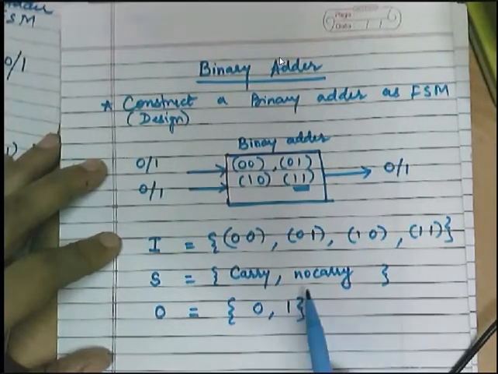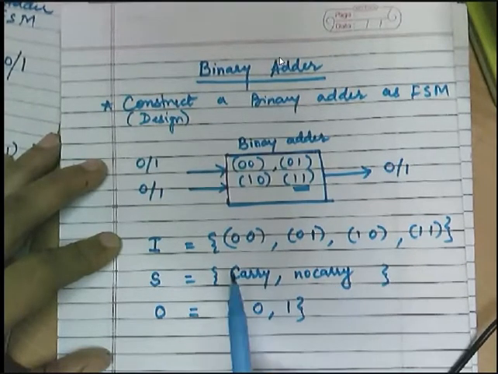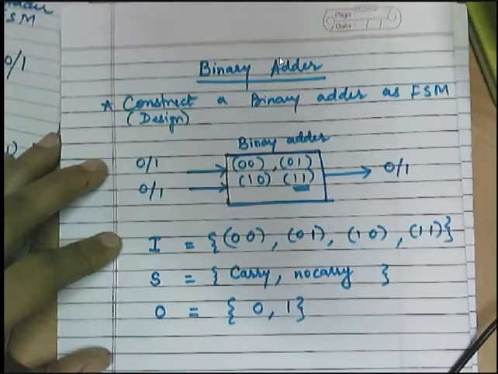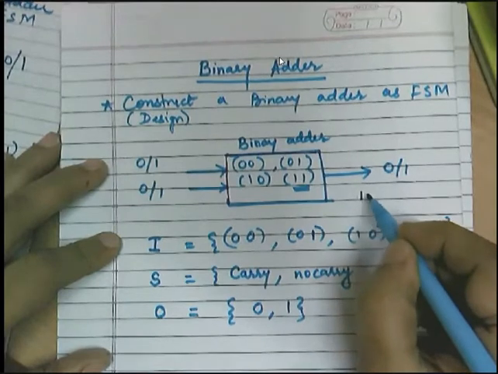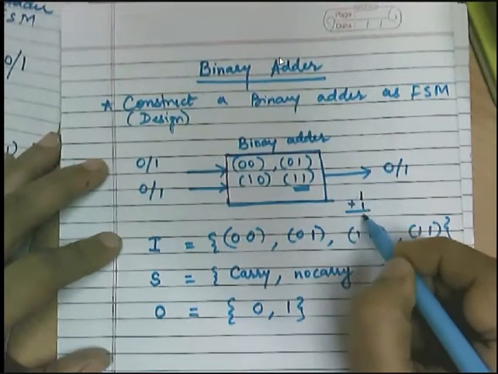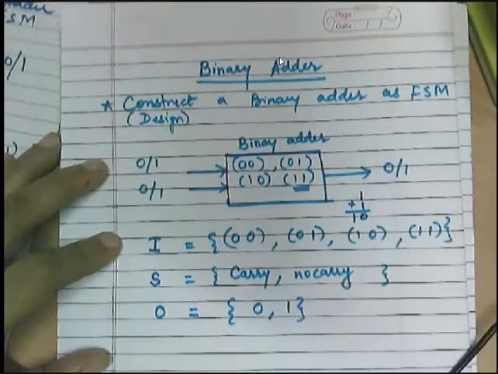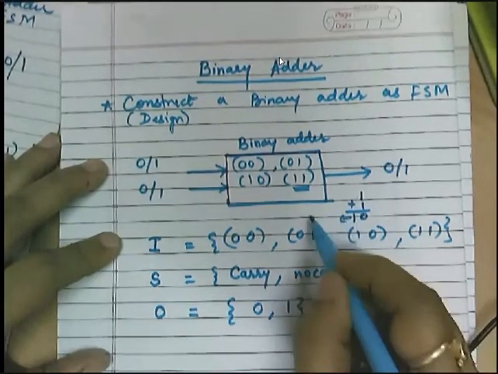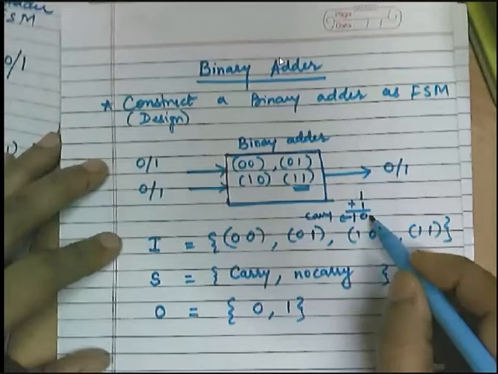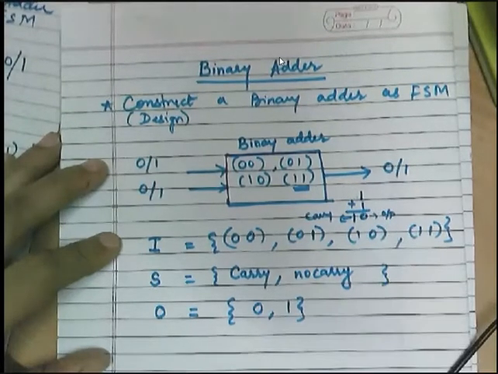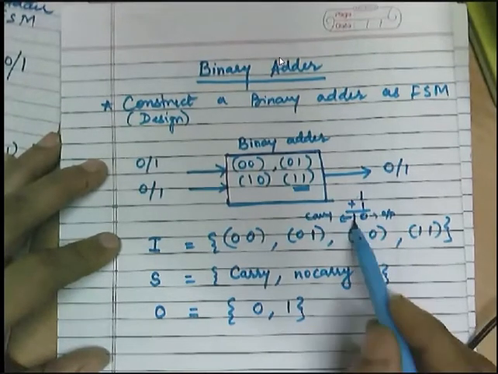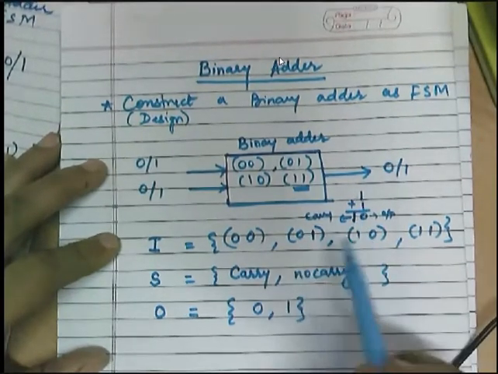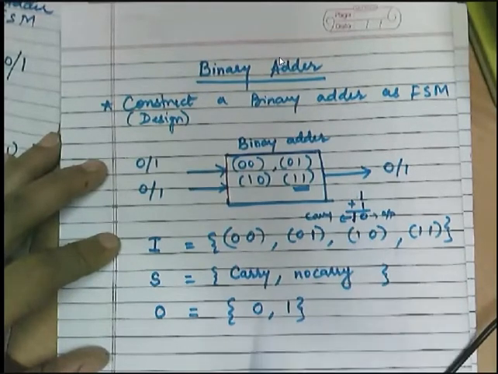Based on this, our output changes. If in the last addition we reached a carry state, we will add one. For example, when we do 1 plus 1, we generate 0 and 1. The 1 is nothing but the carry, and the 0 is the general output. So whenever we get a carry state, we add one more bit 1, and we move ahead.